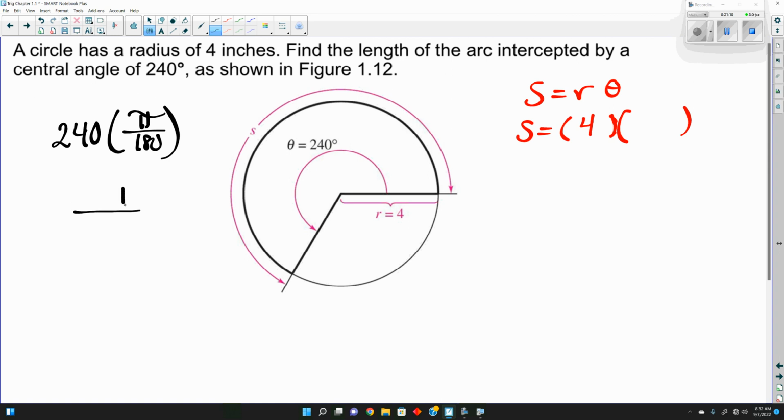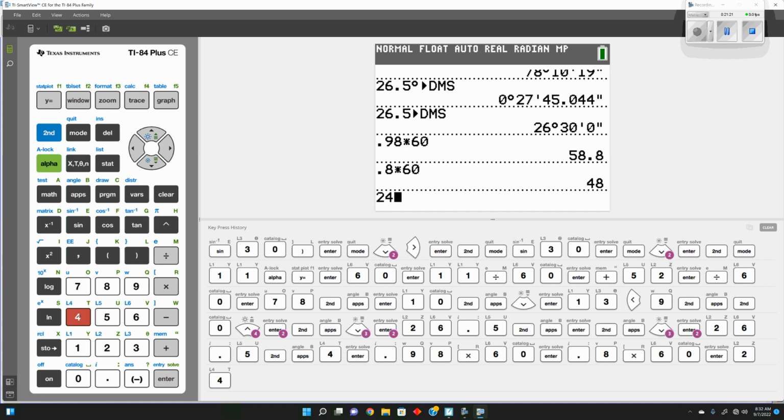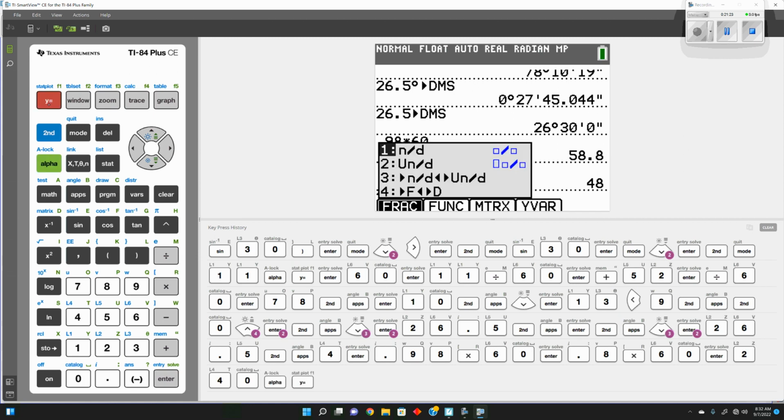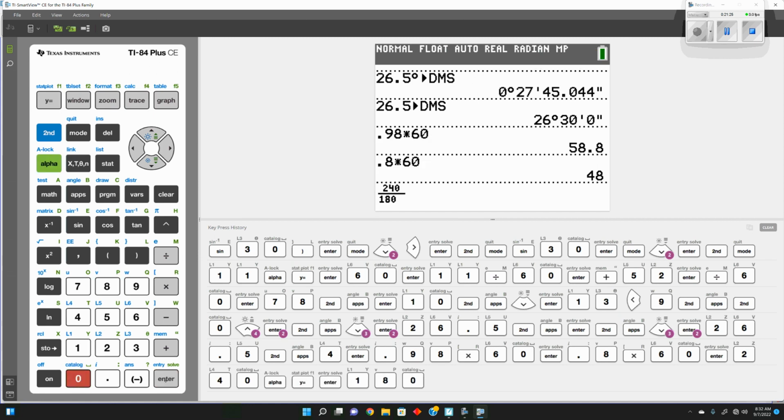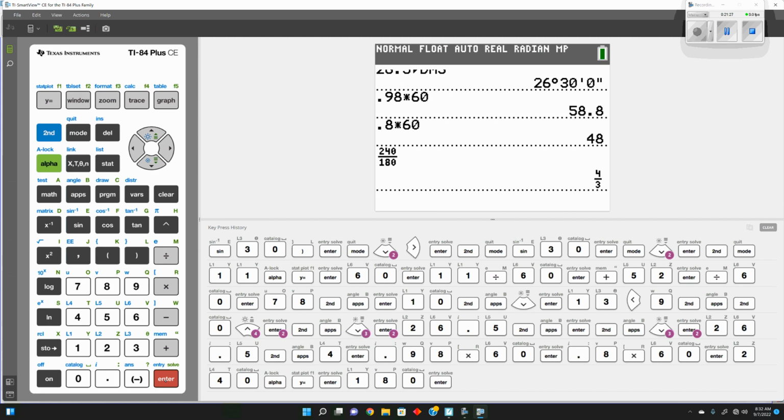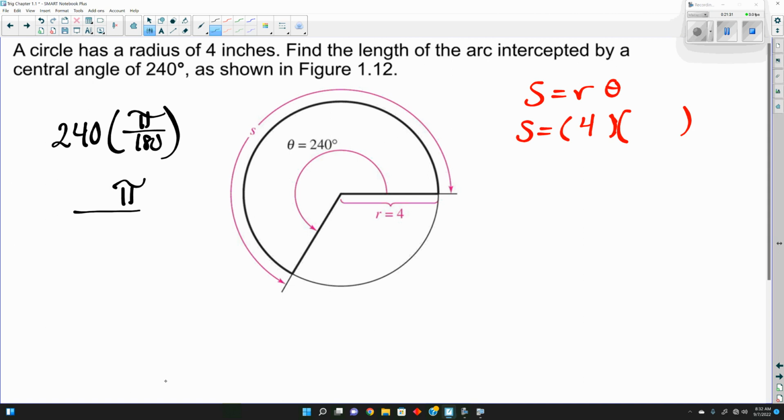But we know for certain that our answer is going to have pi in it. So we're really looking at 240 over 180, which is 4/3. So that tells us that the angle is 4 pi over 3.